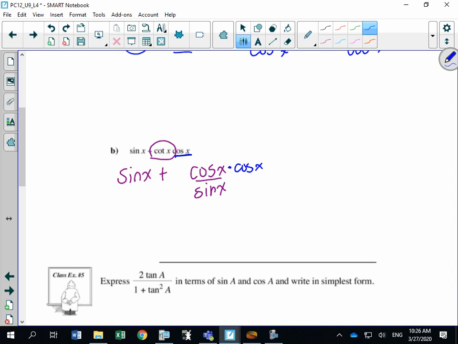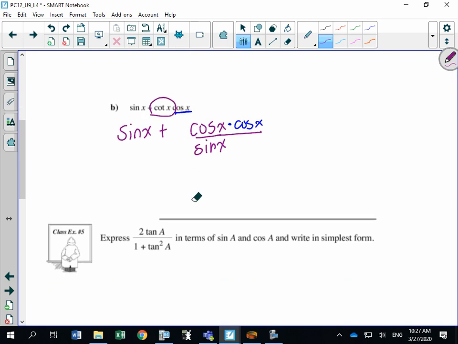I could extend my division bar, because this is all over sine x. The name of the game is always to do common denominators. So this is really over 1, but if I have a sine x here, I want a sine x over here, so I'm going to multiply sine x and sine x. Now my denominator is sine x.